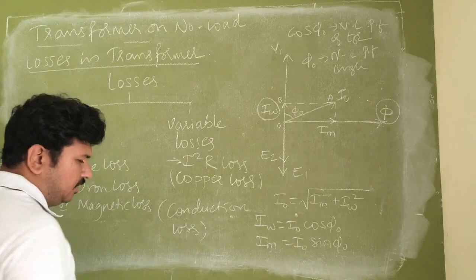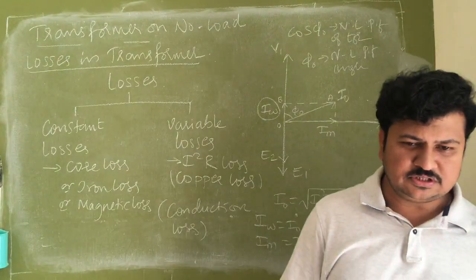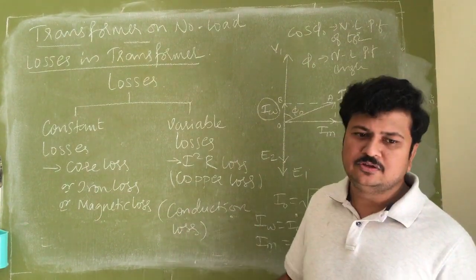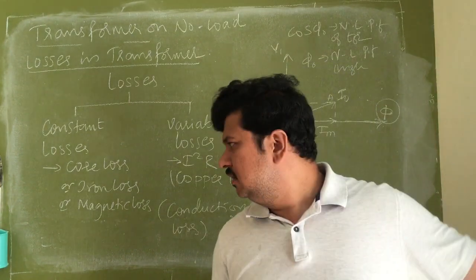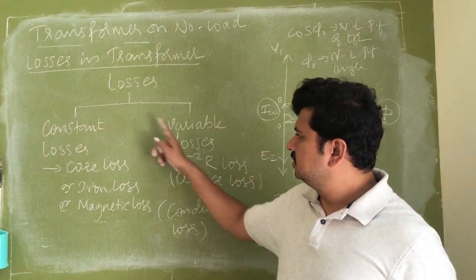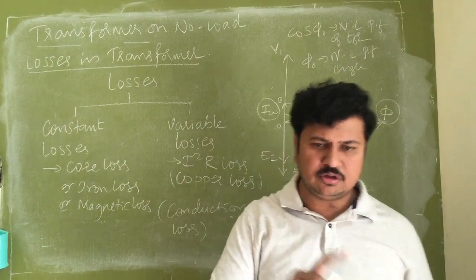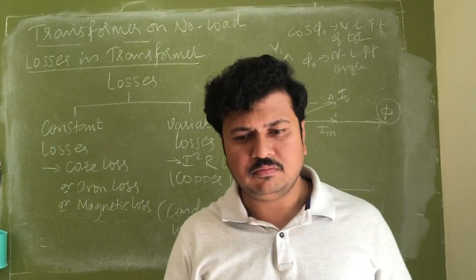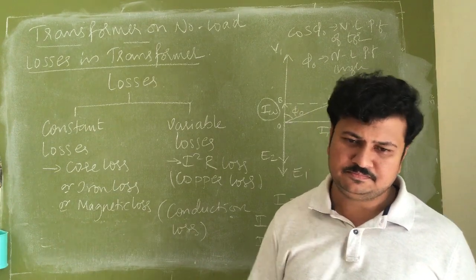Conduction losses are always variable losses, because if the load changes, current changes. Current changes, conduction is changing, therefore losses are changing. So in case of transformer, there are two types of losses: variable losses and constant losses. Constant losses will remain constant throughout the operation of transformer, whether it is at no load, minimum load, moderate load, maximum load, full load, or overload.